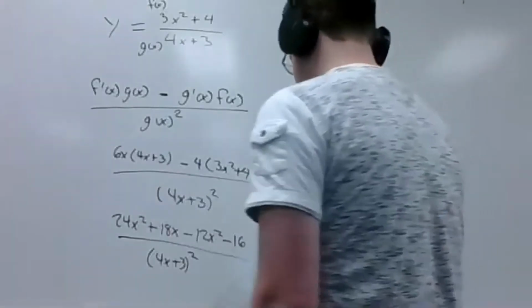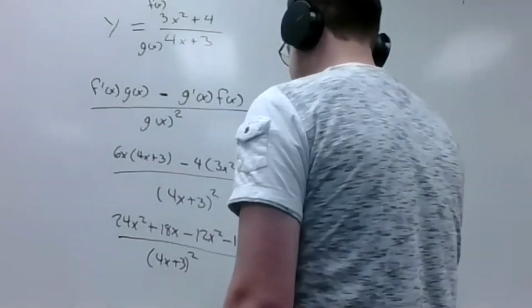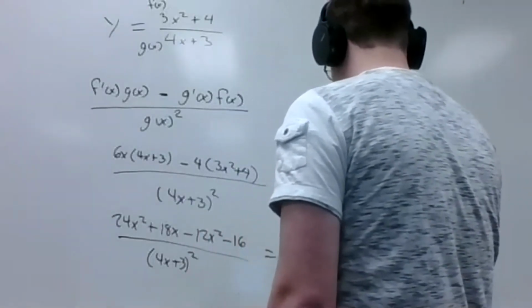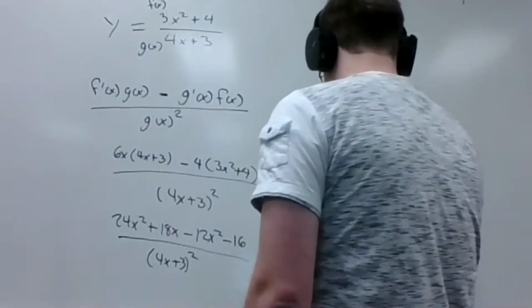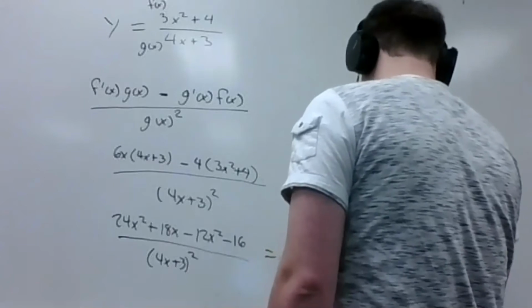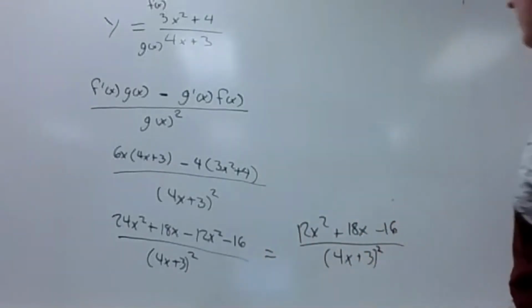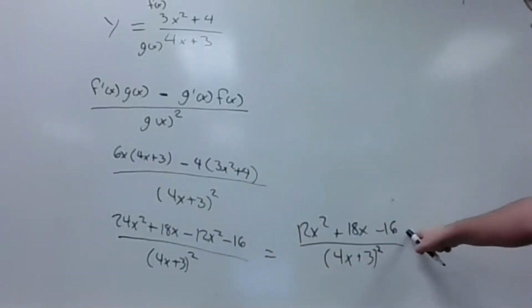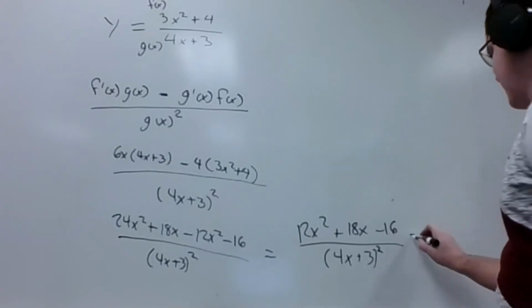So if we simplify that, we end up with 12x squared plus 18x minus 16 over 4x plus 3 squared. And if you really wanted to, you could factor out a 2 out of the top of this to make it look nicer, but I think this looks fine.